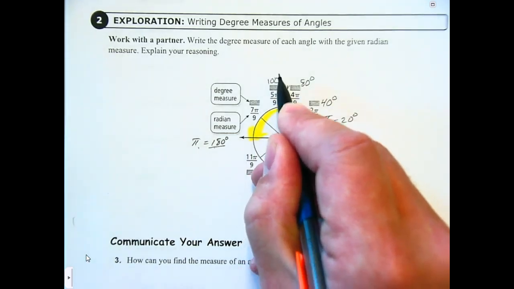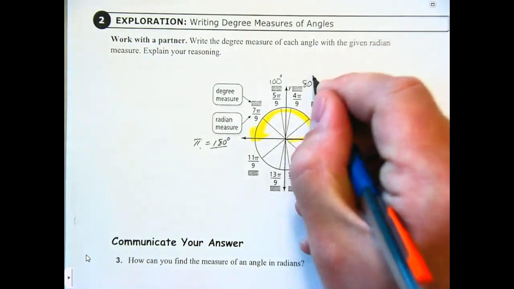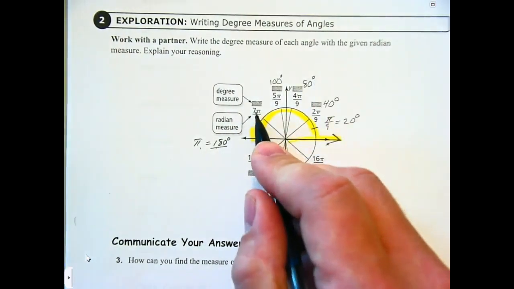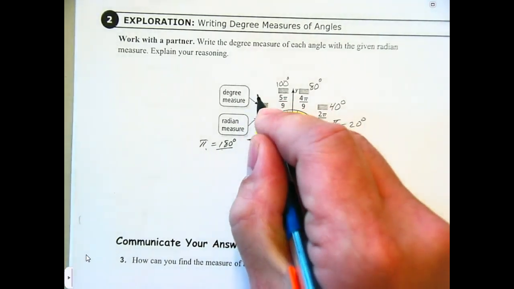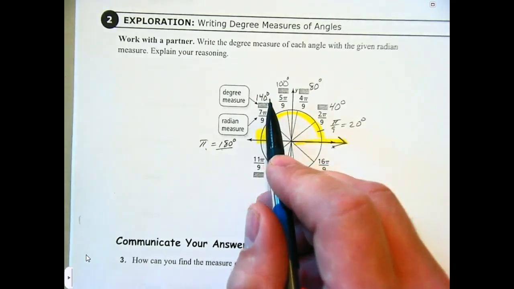Every ninth is how many degrees? Every ninth is 20 degrees. So 7/9 is 140.